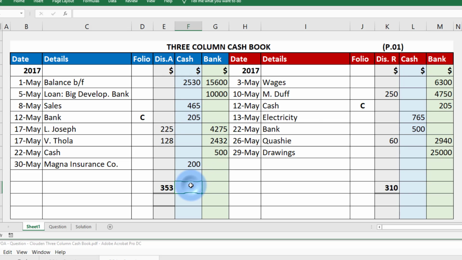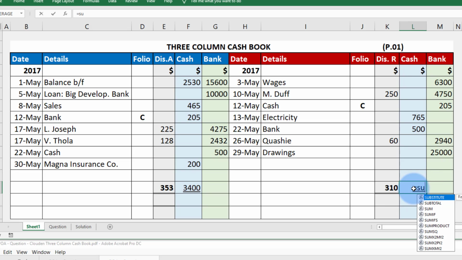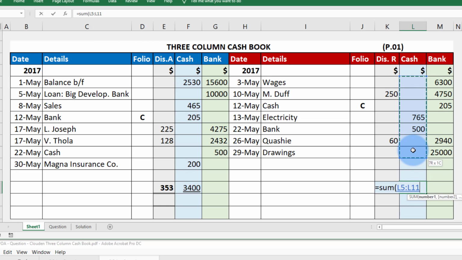Let's deal with cash. $3,400. I'm going to add these items here. 1,265.